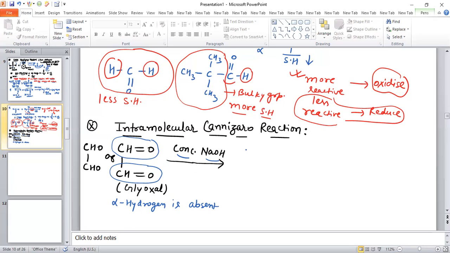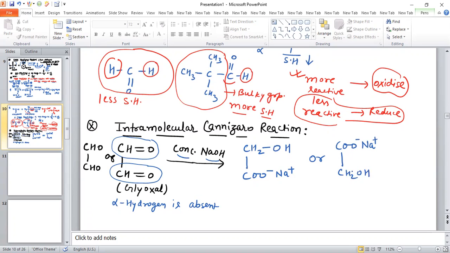So you can write the product in this way, like CH2OH, if this is reduced and this is oxidized, meaning COO minus Na plus. Either this one, or you can write, if this one is oxidized, it will be COO minus Na plus and the other carbon is reduced.